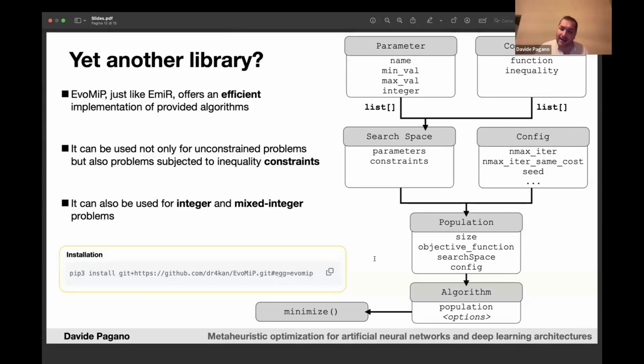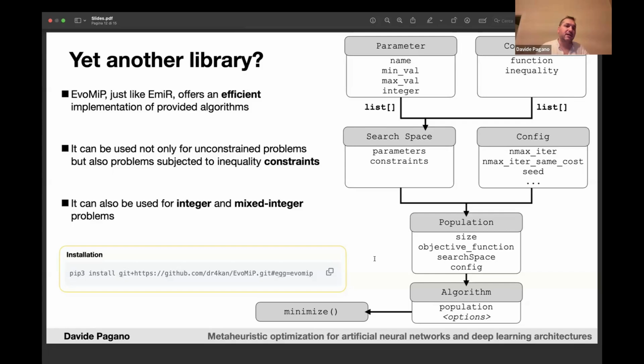First of all, unlike alternatives, EvoMIP can be used not only for unconstrained optimization problems, but also for problems subject to inequality constraints. Moreover, it can also be used for integer and mixed integer optimization problems. And finally, it offers a very efficient implementation of the algorithms that we include in the package.